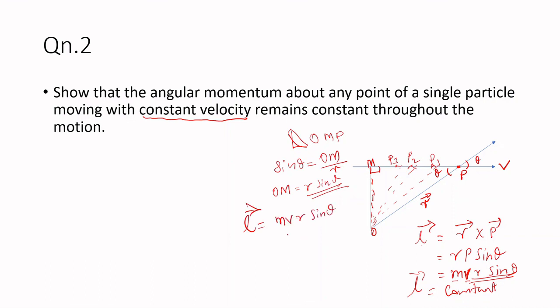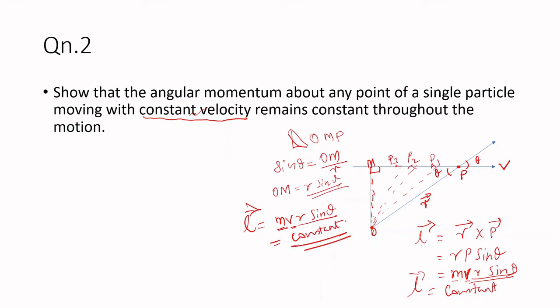We already know m is a constant, v is a constant according to your question, and R sine theta, which is OM, is also a constant. The perpendicular distance from the point O you selected to the line of action of velocity is not changing. Since all these three values are constants, L is a constant.